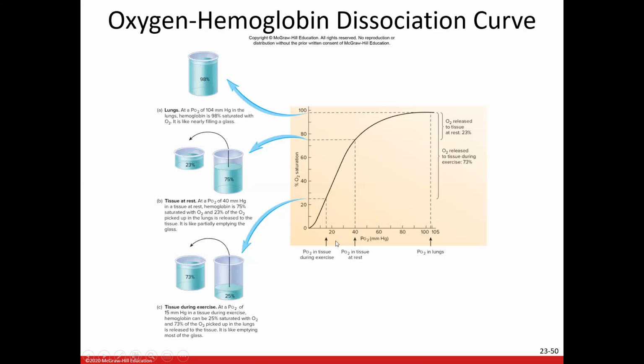Then as we go even further down to roughly 15 partial pressure, this is the partial pressure of the tissues during exercise, so much lower than at rest. Now we're going from about 75% saturation to about 25% saturation, so we have a release of 70% of the bound oxygen. Again, this makes sense because the tissues really need that oxygen during exercise.